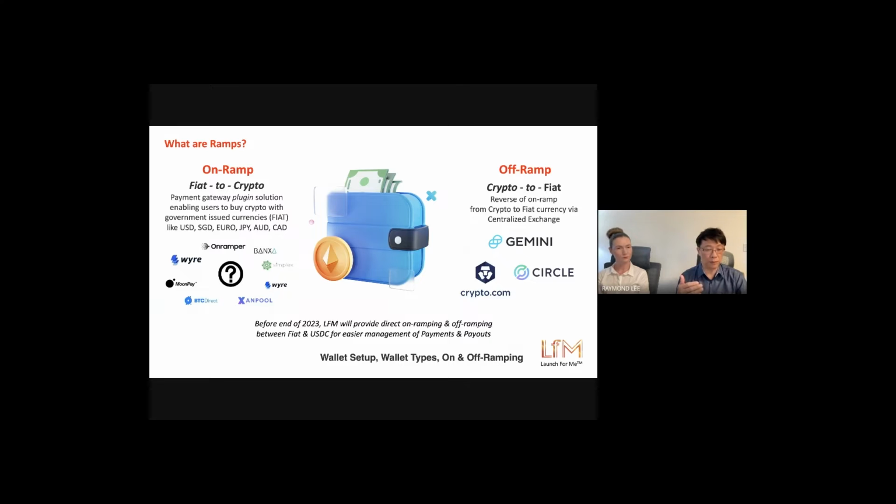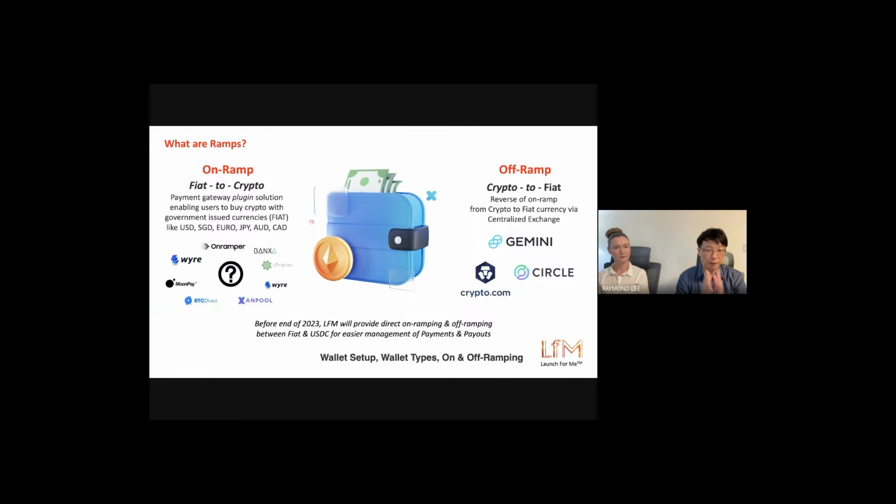SEPA for Euro, which means to say someone who wants to convert fiat into crypto can link up their bank account through either the ACH or SEPA to convert their fiat into crypto in order to pay for your NFTs, because your NFTs may be very expensive, for example.